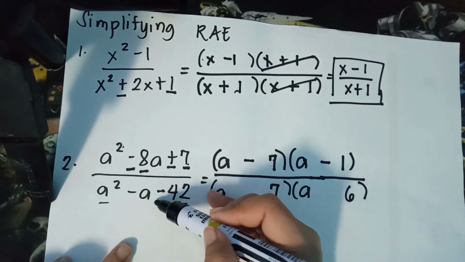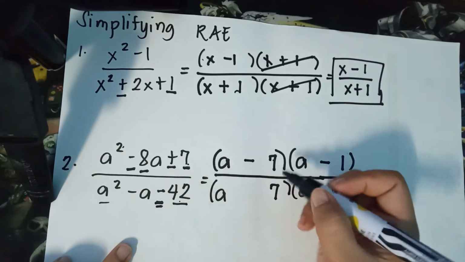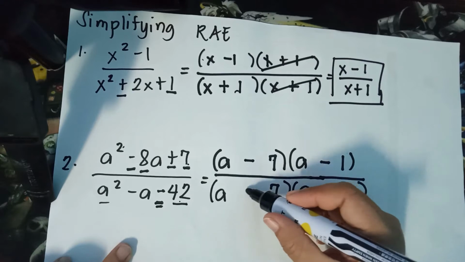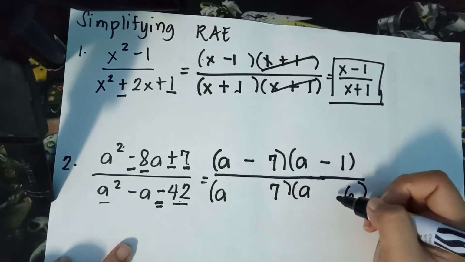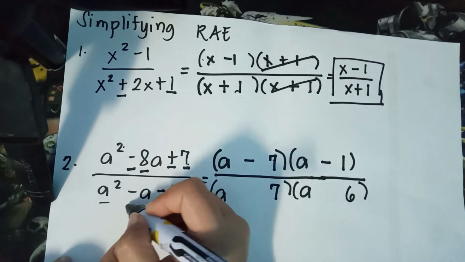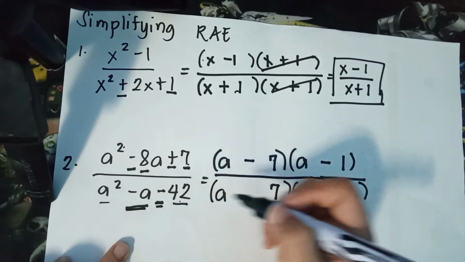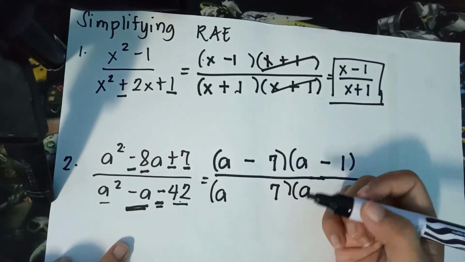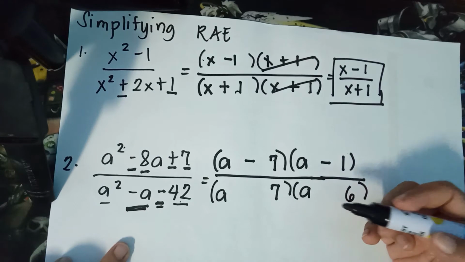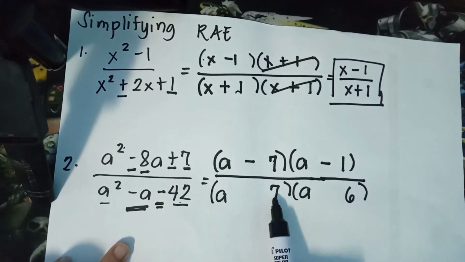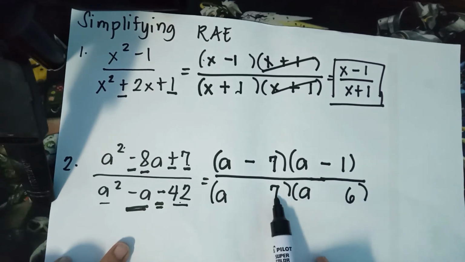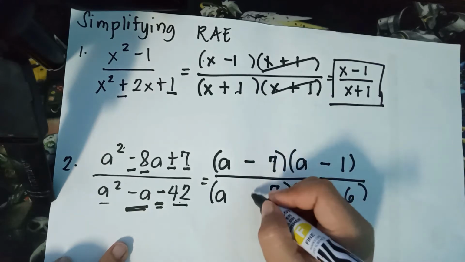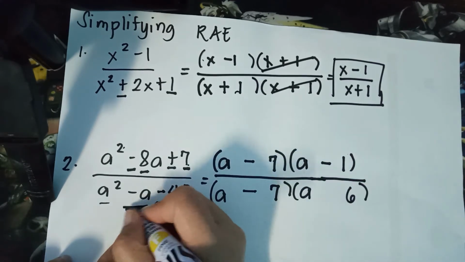And since the last term is negative, one of them is positive and the other is negative. But since the middle term is negative, we will find the larger number. The larger number between 7 and 6 is 7, and the sign of 7 must follow our middle term.